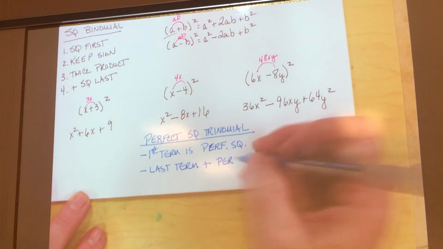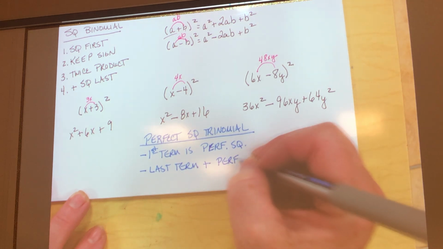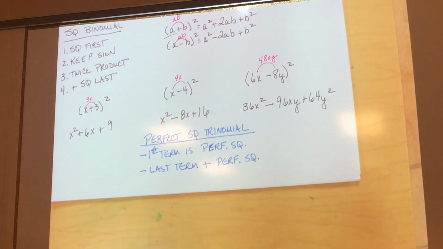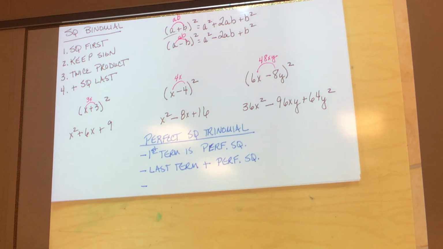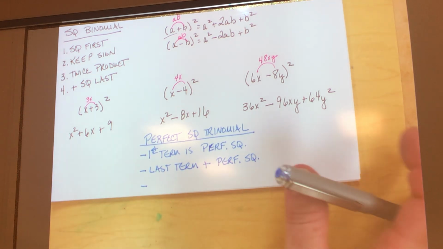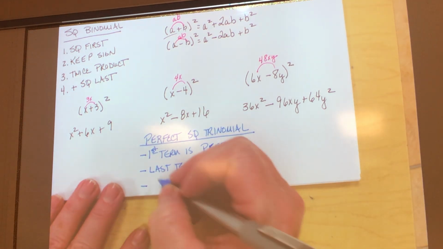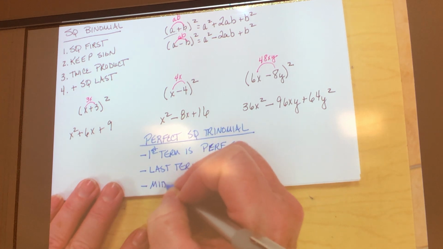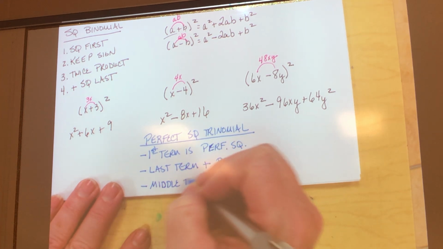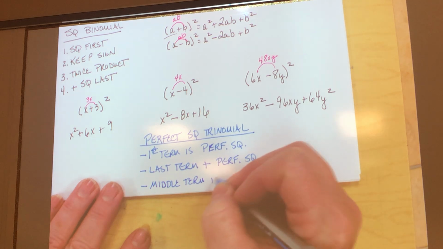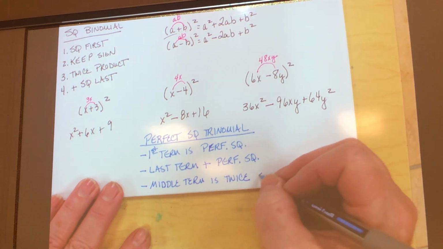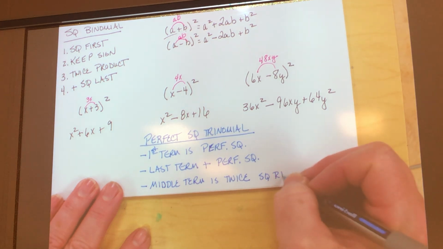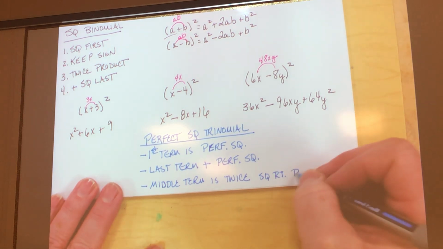Can't be a minus, guys. Has to be plus a perfect square. So there's another second or so. All right? Now here's the one. I'm going to go ahead and write it down. Some of you will be like, what? What are you talking about? But when I do it, you'll see it's not very hard. The middle term is twice the square root product.